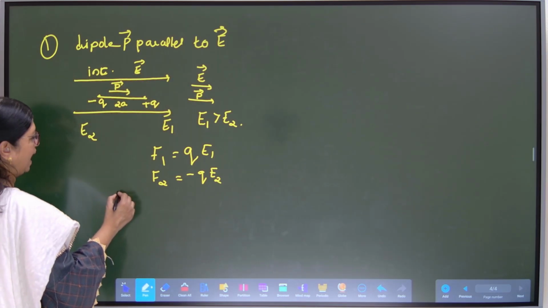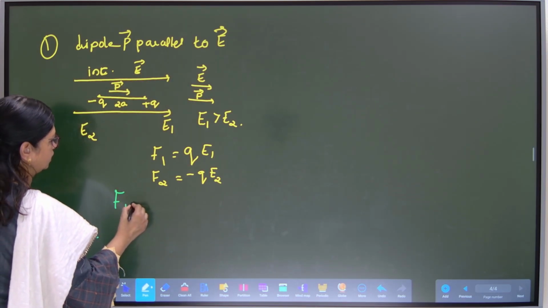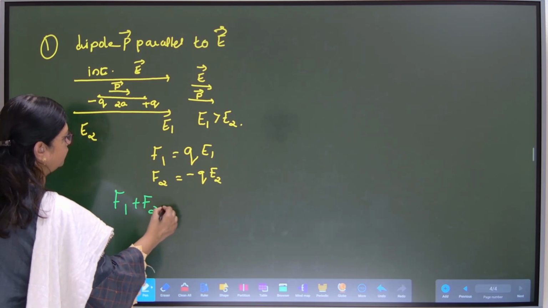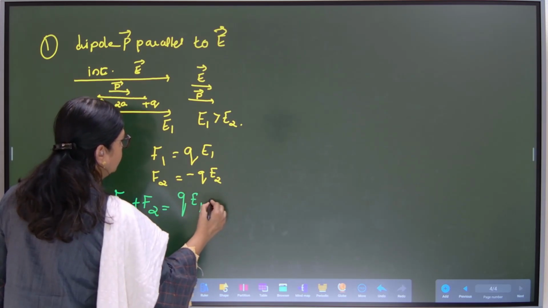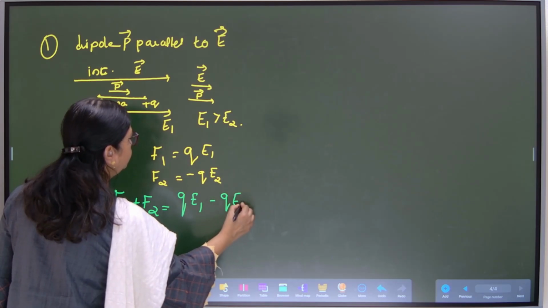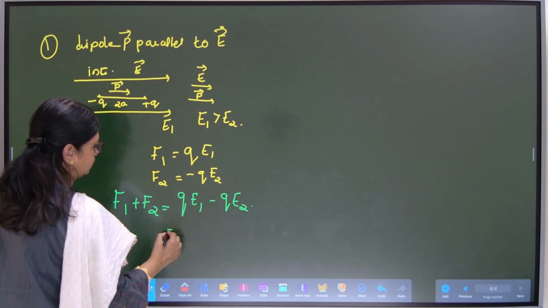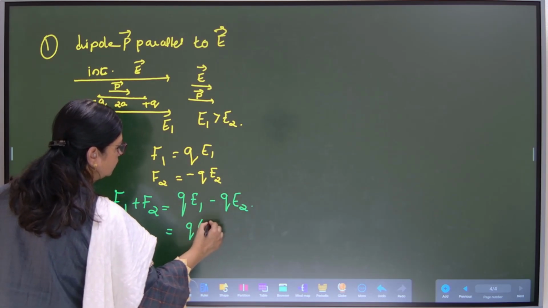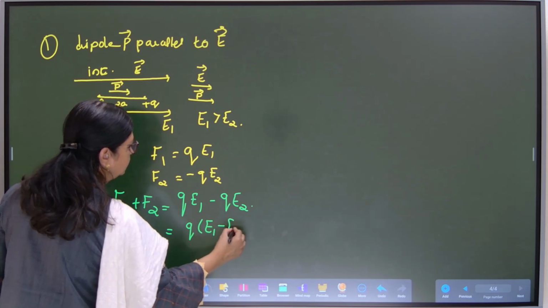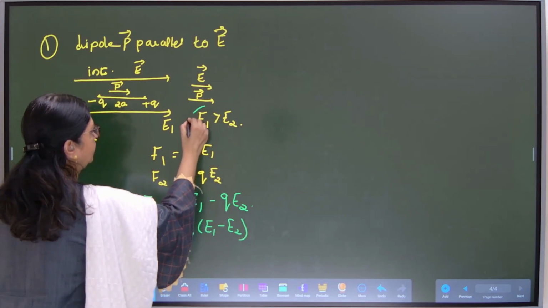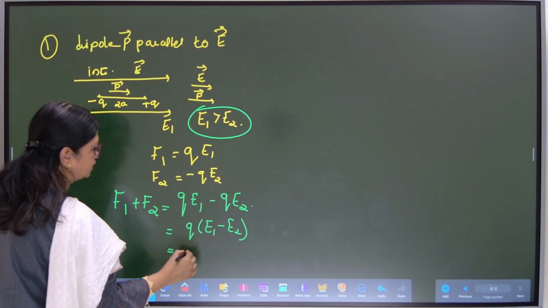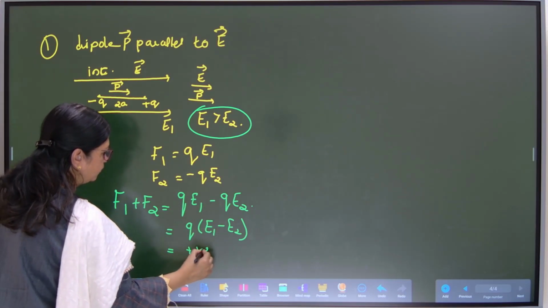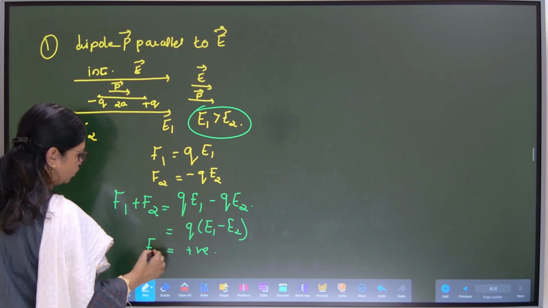So now if I add these two values, F1 plus F2, then I will write QE1 minus QE2, which is equal to Q common (E1 minus E2). I have already taken E1 greater than E2. So I will get a positive value for the net force.